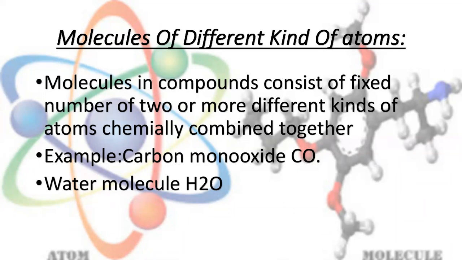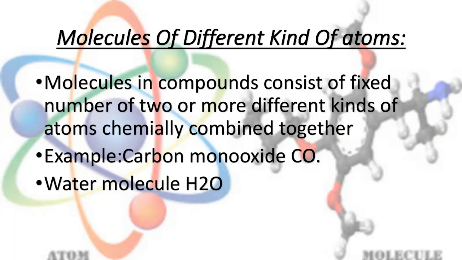Here, two different kinds of atoms are chemically combined together. One atom is carbon and the other is oxygen. They combine together chemically by a chemical reaction. When they combine, they form a molecule of a compound. This is a compound. This is not an element.